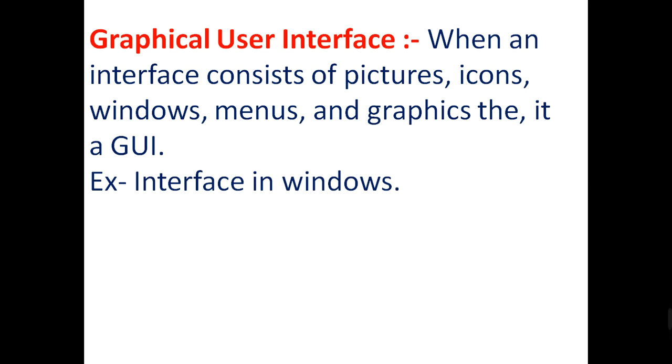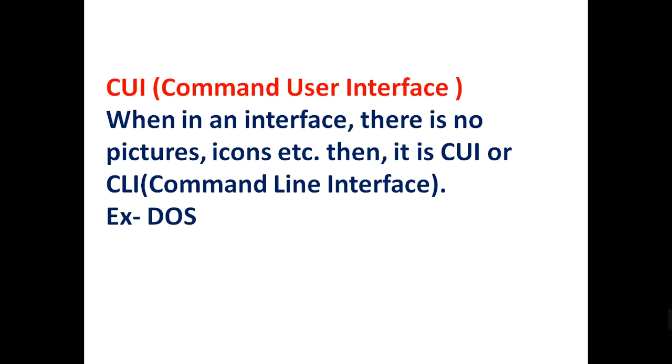These can be icons, pictures, boxes like text box, list box, check box, radio button. These are your graphical user interface elements. For example, the interface provided in Windows OS and in your smartphone is a graphical user interface.